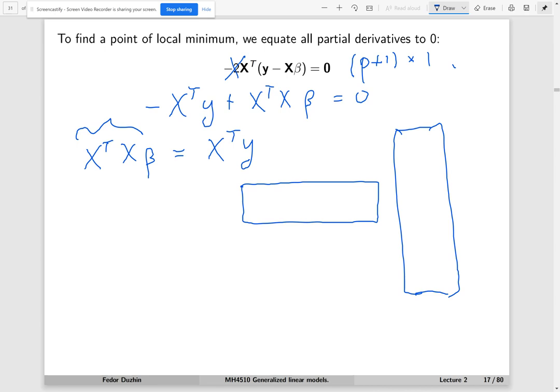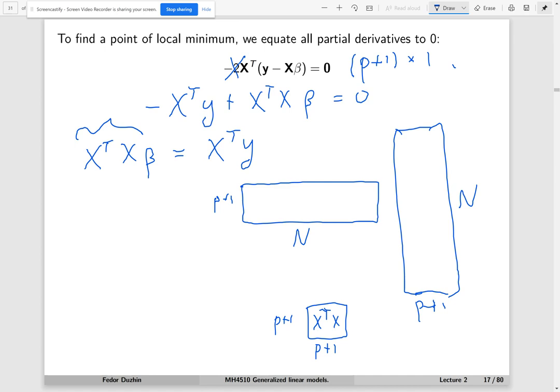So this is p plus 1, this is n, so this is n, this is p plus 1. The product of them should be a matrix of the size p plus 1 times p plus 1, right? So this is really just a small square matrix, p plus 1 times p plus 1. So this is our x transpose x.